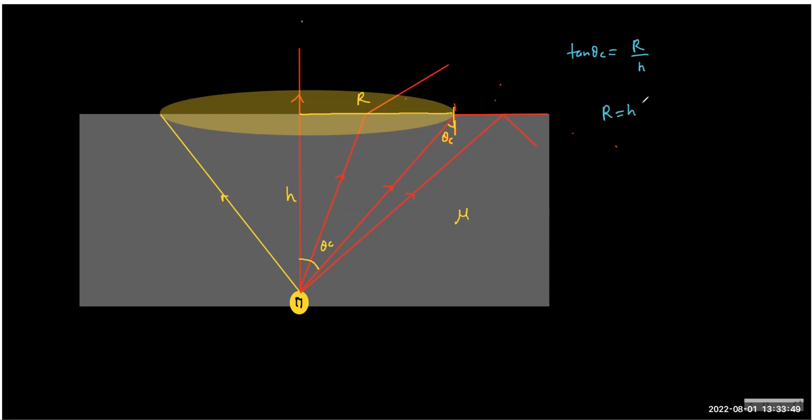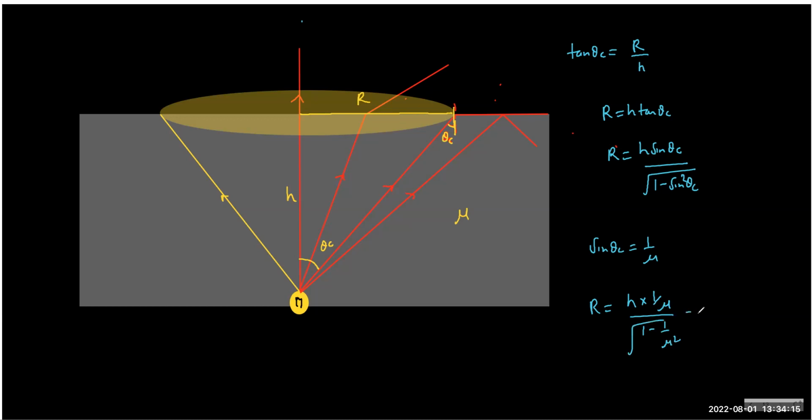R is h tan theta c, which you can write as h sine theta c upon cos theta c, which I will write in sine terms. Why? Because we know the sine of the critical angle is 1 by mu, correct? So the R turns out to be (1 by mu) upon root of (1 minus 1 by mu square), which will give me the answer.